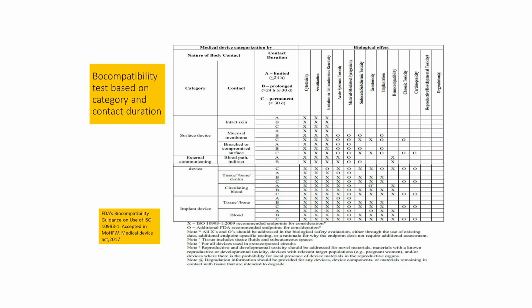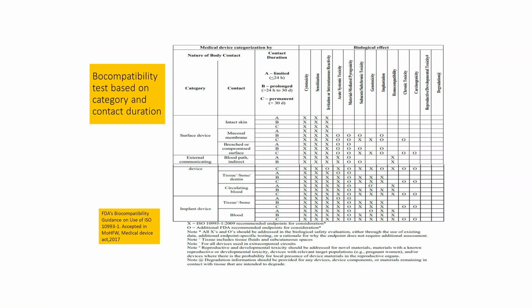If you have a pacemaker which is placed within the heart, you are basically looking at a permanent device, of course, as it's going to stay for quite a while, right? So this very important matrix table basically tells you some of the absolutely important and mandatory tests for each of these categories of devices.